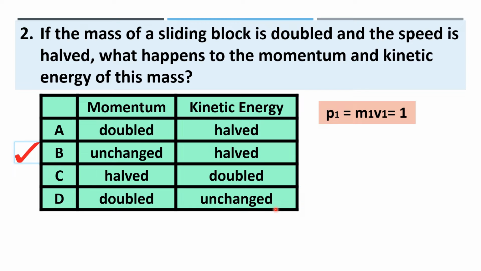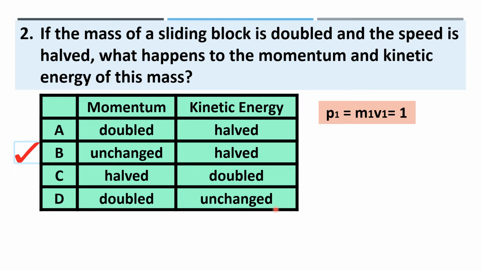Using the formula for momentum, P1 is equal to m1 times v1. In other words, the initial momentum of a body is expressed as the product of the mass and the velocity v1, and we will assume that the initial momentum is one unit, for simplicity.